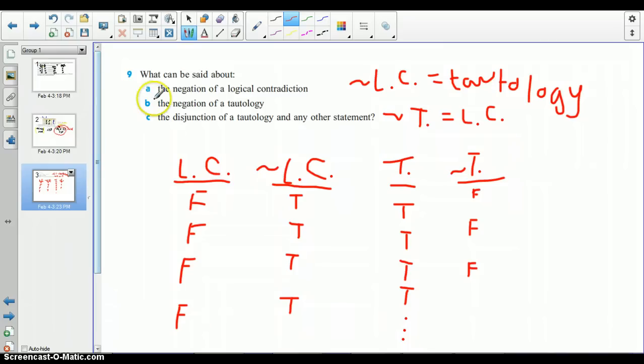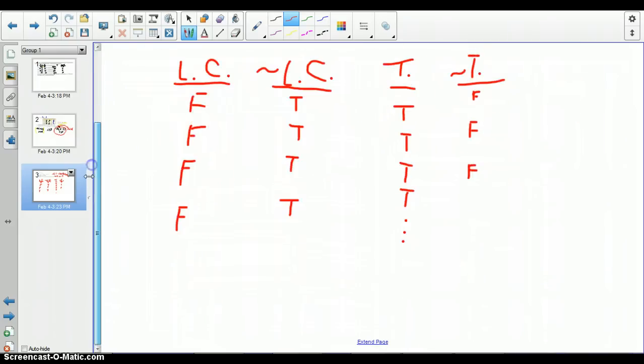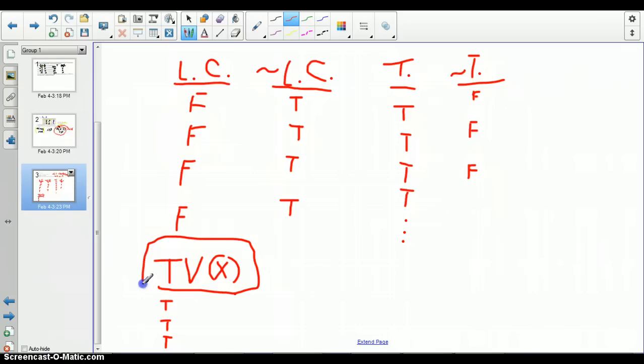So now we're asked about the disjunction of a tautology and any other statement. So we want the tautology or any other statement. So we're going to say X, whatever X is. Well, since we know the tautology would always be true, it doesn't matter what X is, whether it's true or false. The disjunction says either one or both have to be true.